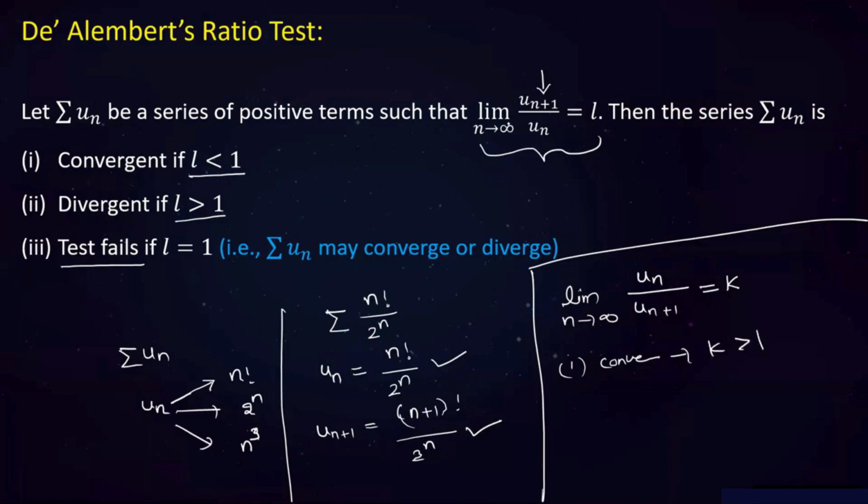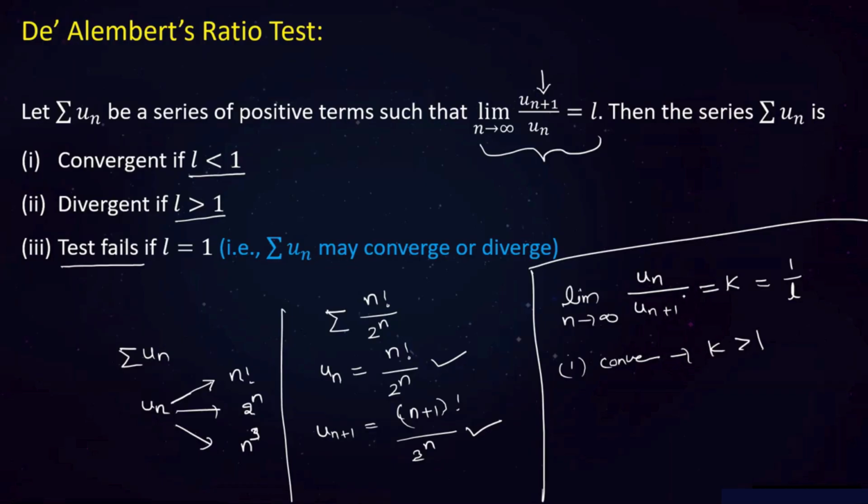Because I have taken a reciprocal here, if I take it as u(n+1) by u(n), and if the limit is L, then certainly for the ratio u(n) by u(n+1), we'll get the limit as 1 by L. So whatever limit I'm writing here, k, that k will be reciprocal to L only. Definitely we'll get that.